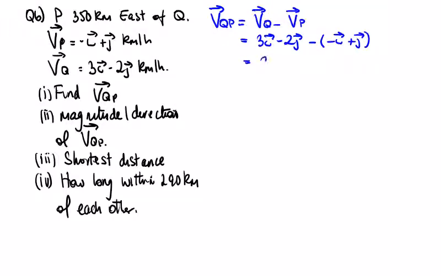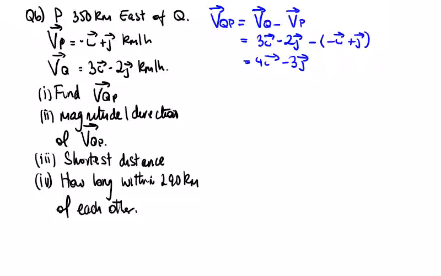That's going to be 3I plus I, which is 4I, and minus 2J minus J, minus 3J. Just be careful: 4I minus 3J.